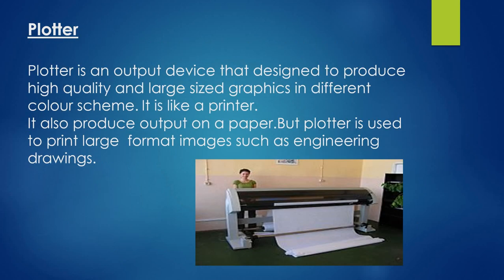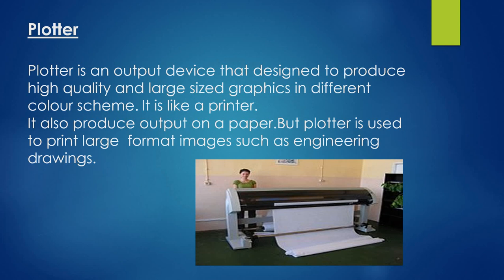Then the next output device is plotter. Plotter is almost the same as a printer. It is also producing the output on paper. But the difference between the printer and plotter is that plotter is used for high quality and large sized printing.